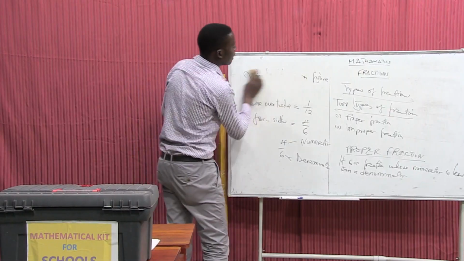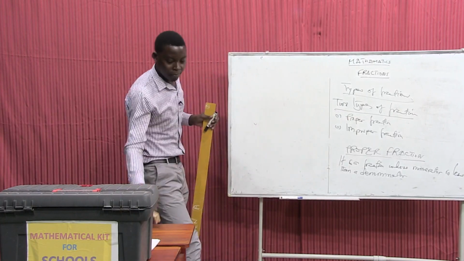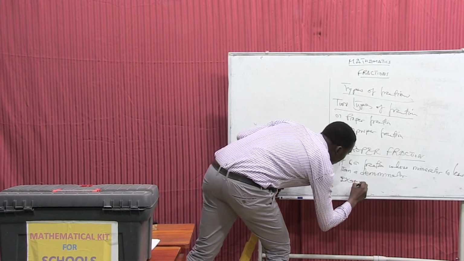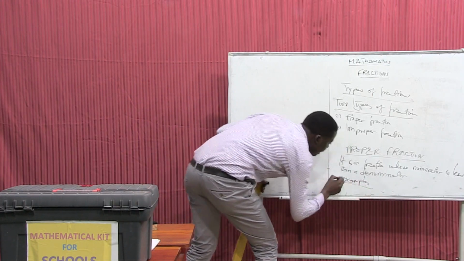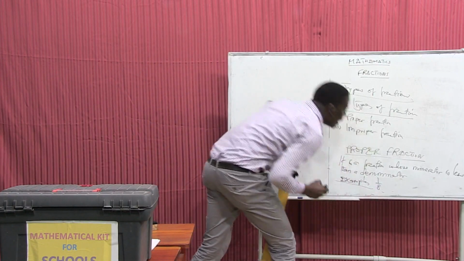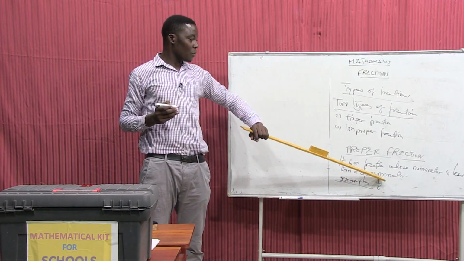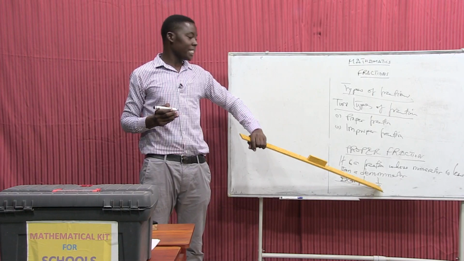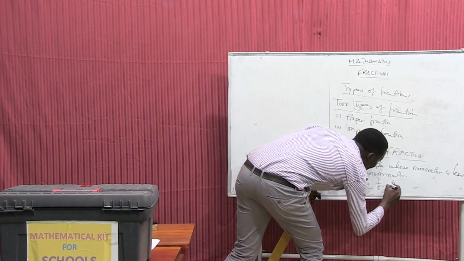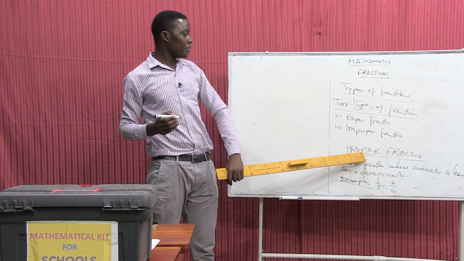Then, examples. 1/8 is a proper fraction. Why? The numerator is 1, the denominator is 8. 1 is less than 8. Another one can be 6/10. 6/10 is a proper fraction.